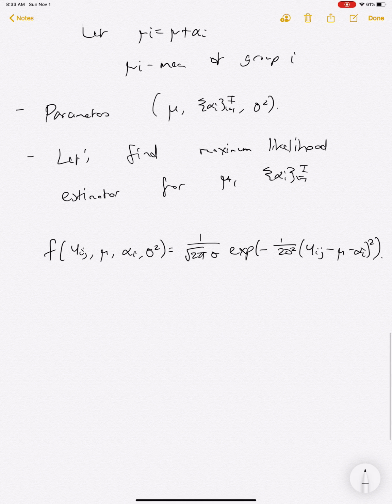If we look at the negative log likelihood, I'm going to leave this for you as an exercise.